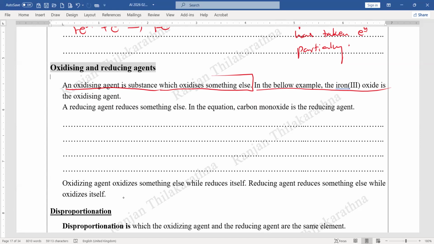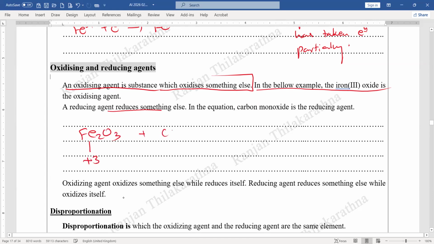Why? See, reducing agents normally oxidize themselves. If you have Fe2O3, here the oxidation state of iron is +3, and you can combine that with carbon monoxide, where the oxidation state of carbon is +2. Then you will get iron plus CO2, carbon dioxide. In this case, you multiply this by 2, this by 3.